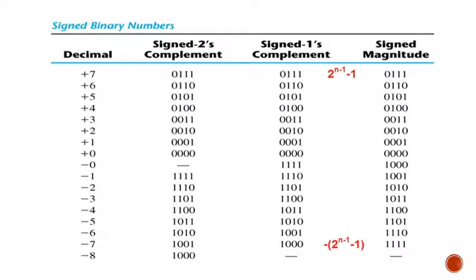Here I have shown a table. It lists all possible 4-bit signed binary numbers in the 3 representations, that is signed 2's complement, signed 1's complement and signed magnitude. You can check it.